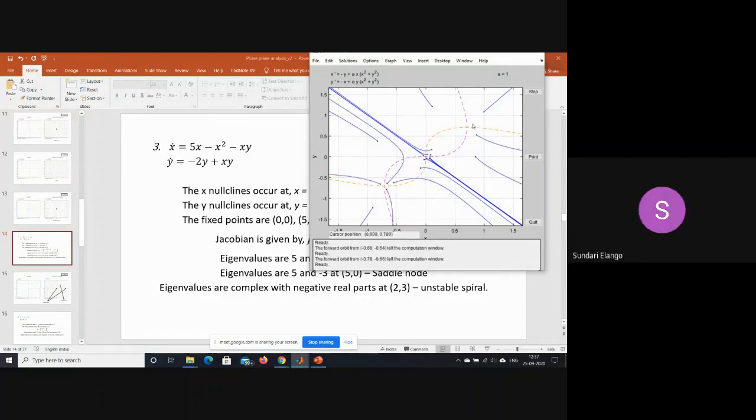These two are unstable points. The central one is initially attracted towards the central one, but moving away. I think it's stable in this direction, but unstable here. If you can see here, it's almost getting pulled in this direction, but it goes away like this, thus indicating that it's a saddle.